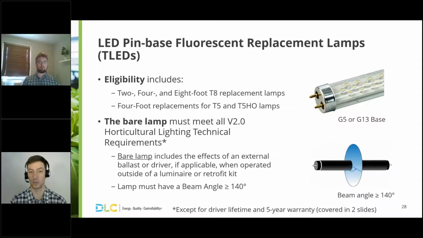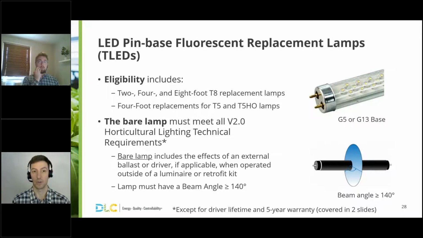So in horticulture, we are including 2, 4, and 8-foot replacement lamps that have a G13 base, so those T8 replacements, and just the 4-foot replacements for T5 and T5 high output lamps that have a G5 base.